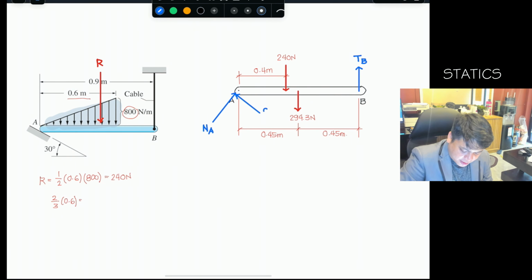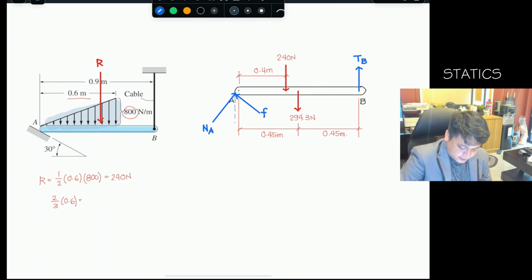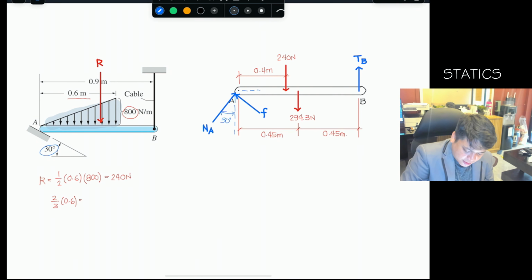Okay? Tawagin naman natin siyang frictional force. Okay? So, lalagyan natin ng, syempre, angle. Okay? If this is 30 degrees from the horizontal, this is now a 30 degrees from the vertical. Okay? And this one from the horizontal, yan din po yung inyong 30 degrees.